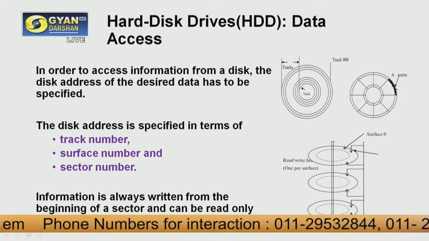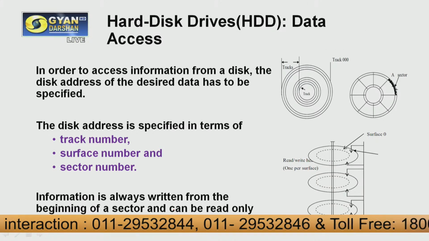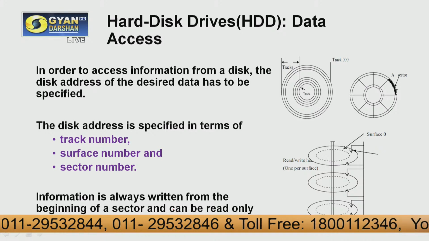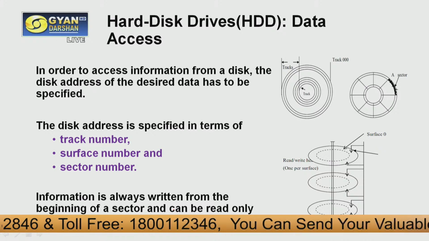So let's extend our discussion. We learned how to calculate the storage capacity of the hard disk and the recording density, but in order to locate any data, we need to have the address of that data. The address of the data is given by 3 parameters: on which surface the data is stored, on which track it is stored, and in which sector it is.